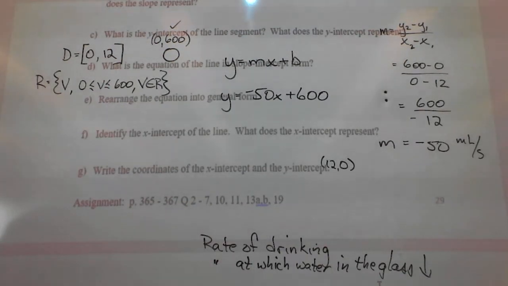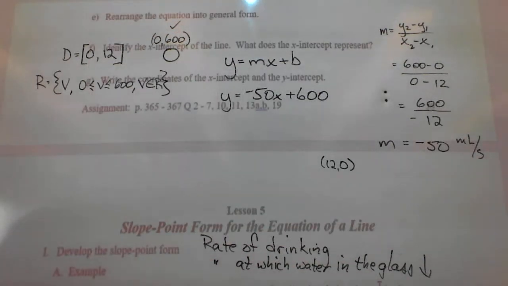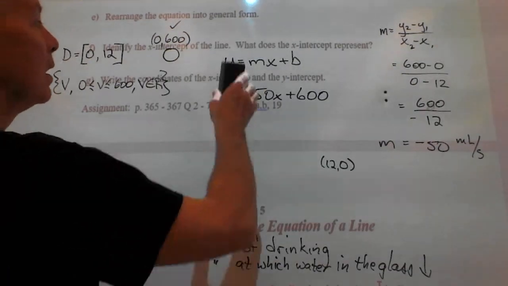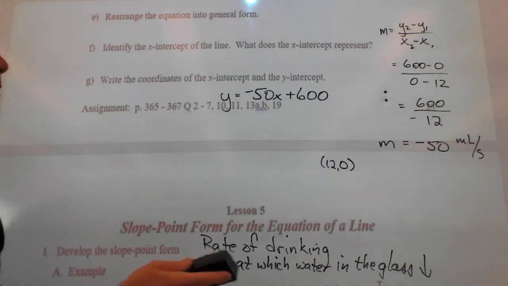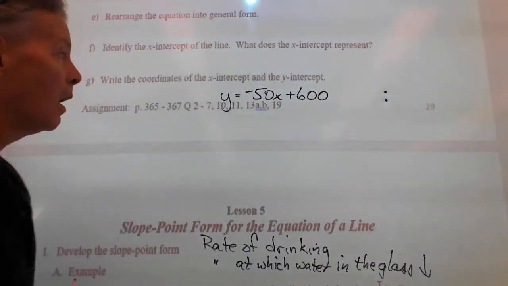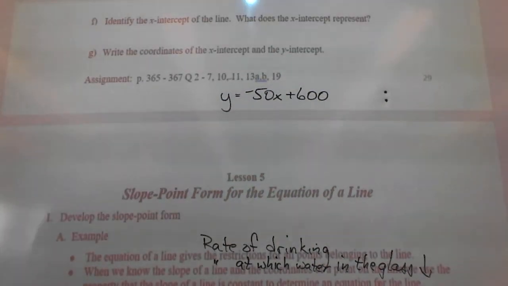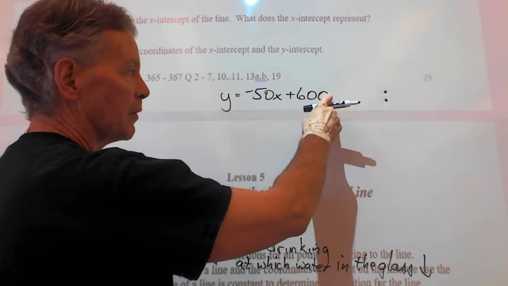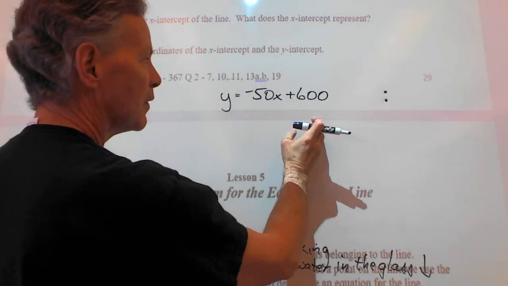Okay, let's just finish this up quickly. Rearrange the equation into general form. Okay, so in general form, this, remember, is our slope-intercept form. In general form, we have to move everything to one side.